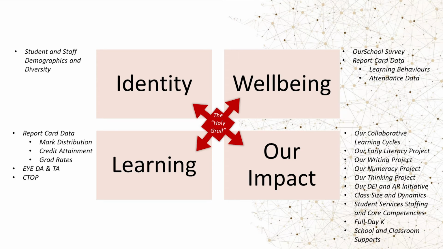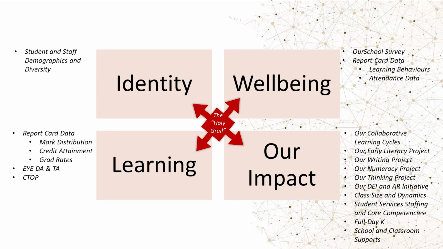And so examples of that would be our early literacy project, and data we look to there is the I and DA and TA and the CTOP2, and I could go on. Our writing project, our numeracy project, our thinking project. It's called the Reading Apprenticeship, but I call it the Thinking Project, because that's what the Reading Apprenticeship is really about.